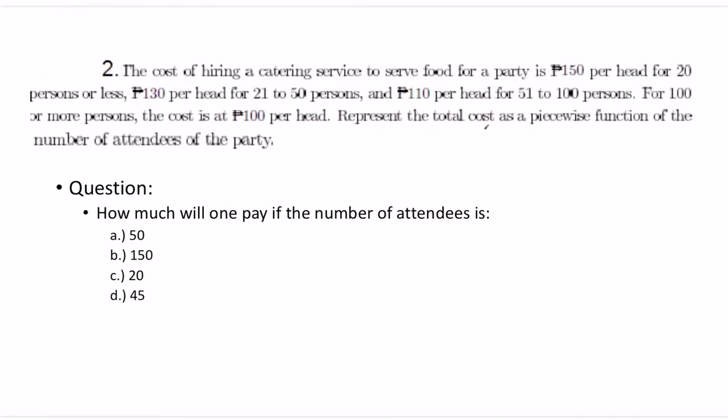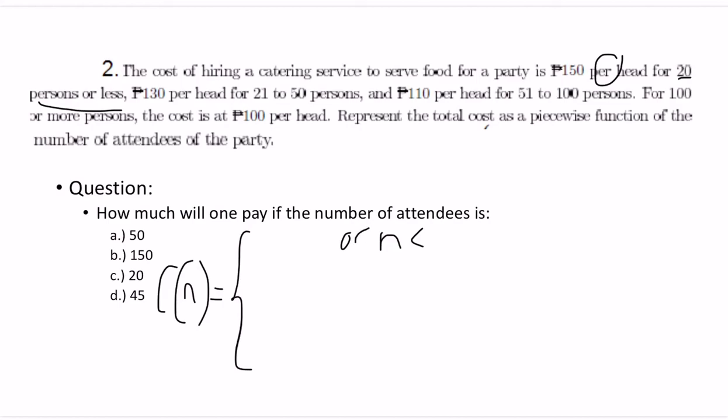Next, the cost of hiring a catering service to serve food for a party is 150 per head. So take note of this, per head. For 20 or less, so I will write it here. Say for example, cost of the number of people will be. So for 20 persons or less, so n, so 0 to 20 persons or less, so n less than or equal to 20, we have 150 per head, so multiply it with n, the number of persons.